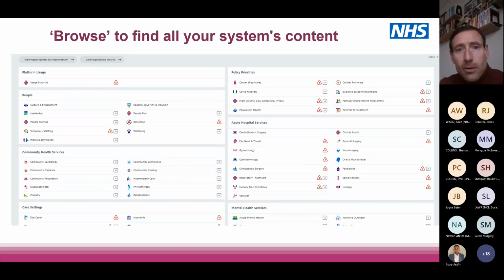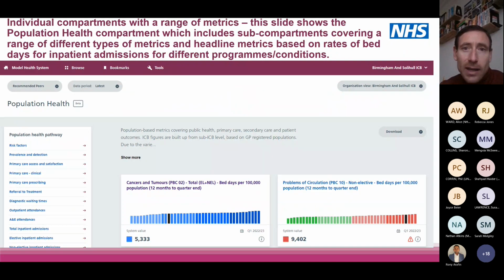You can also browse to look for any particular area, which is what this screen is showing. And if you clicked on any of those, it would take you to those specific compartments. This is now a screenshot from the population health compartment. We've got a range of different subcompartments down the left-hand side, loosely based around the patient pathway, grouping different types of metrics together.